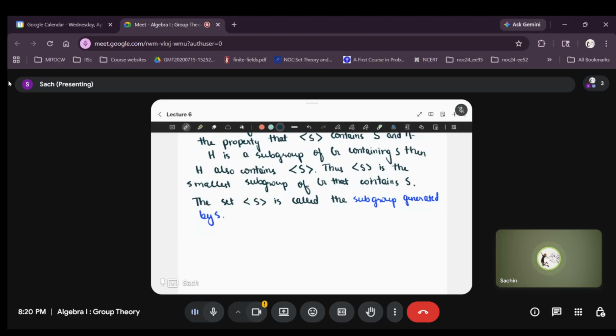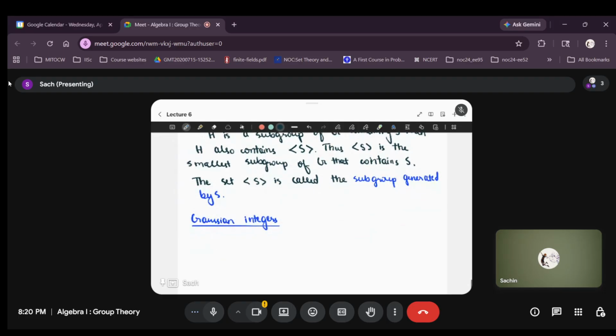So this is called the Gaussian integers. This is the set a plus ib, where a and b are integers, and i squared is minus 1.